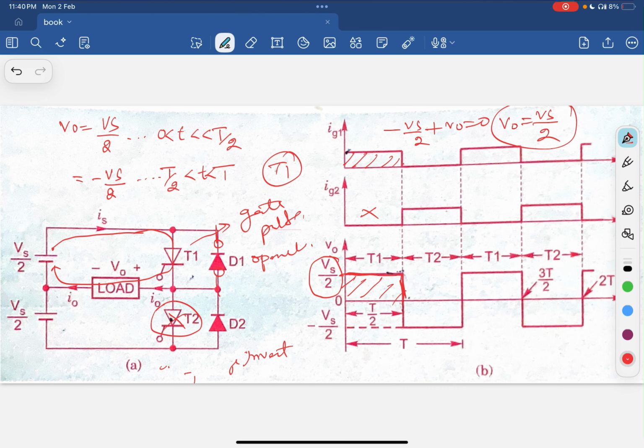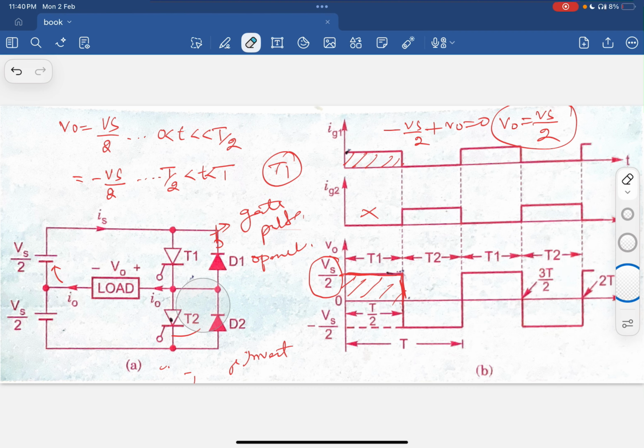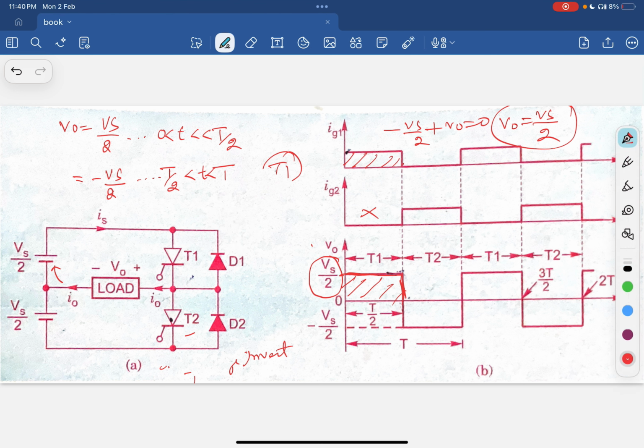When the pulse is removed at the thyristor T1, it gets commutated. That means it gets turned off. So the thyristor T1 gets off. Then we have given a pulse to thyristor T2, and it starts conducting. So the current starts flowing here, flows through the thyristor T2 and comes to the return path. What you have seen is that the load current is conventionally given here as I naught.